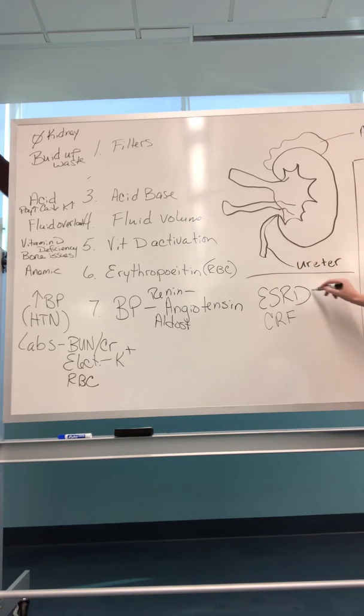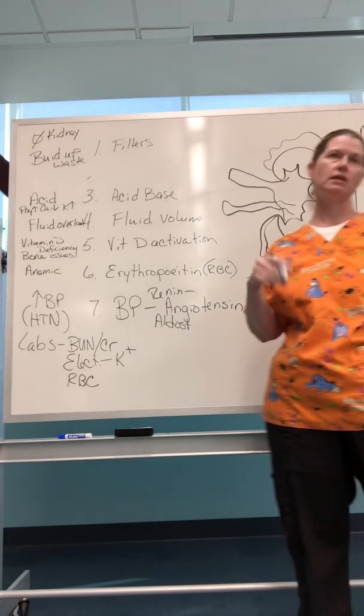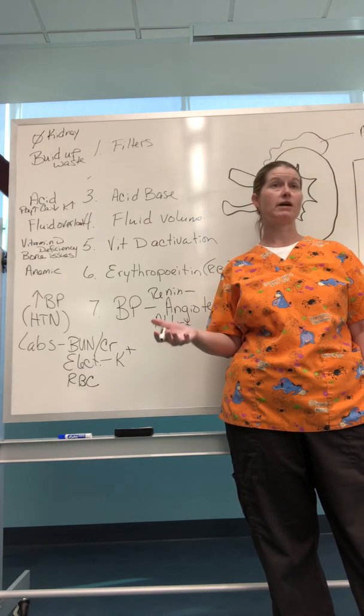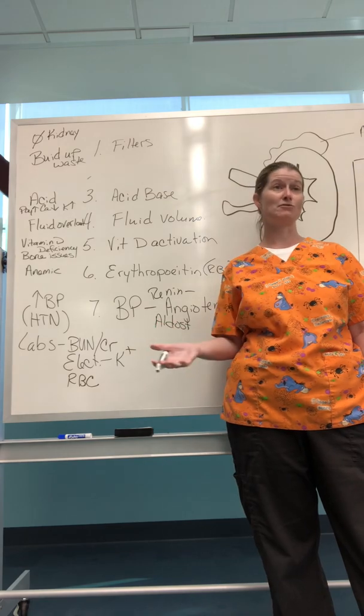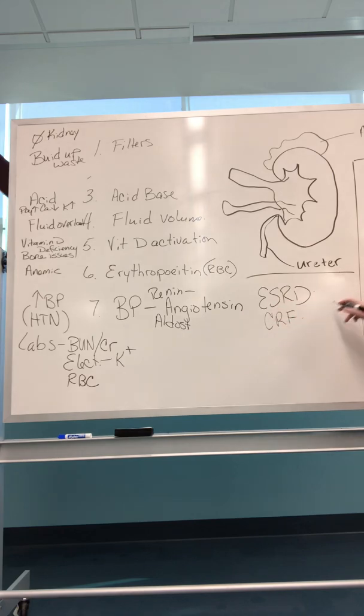If you see end-stage renal failure or chronic renal failure, you can 98% assume they're on dialysis. That would be my thought. So if you're told a patient has end-stage renal failure, then you want to know, okay, where's their access? What kind of dialysis are they having?